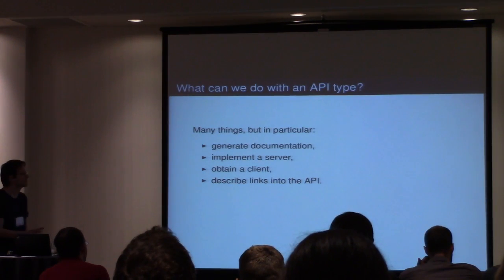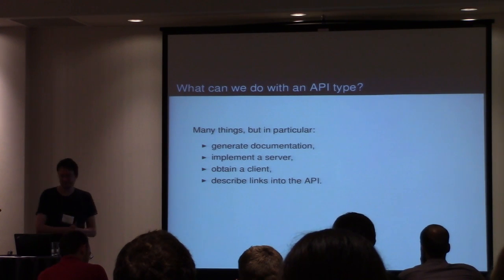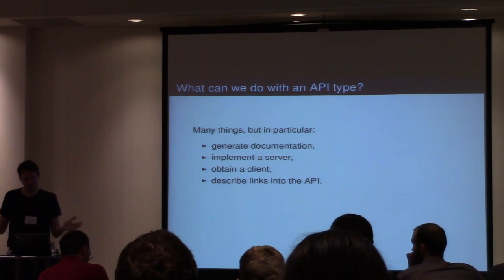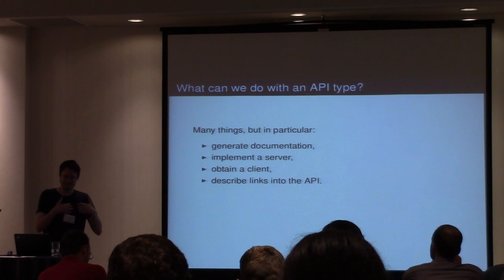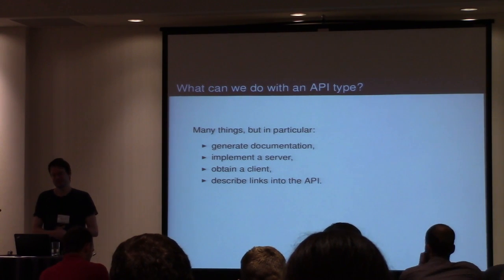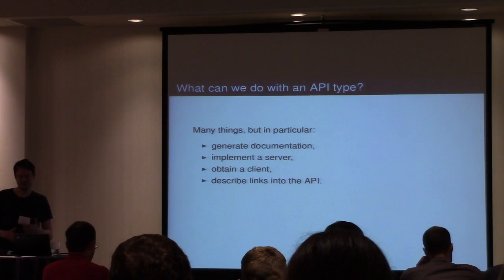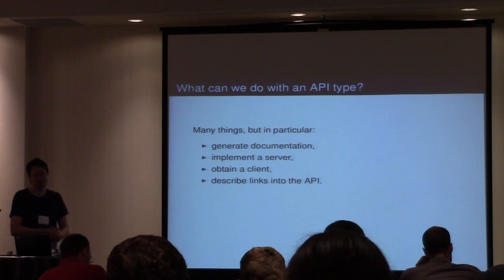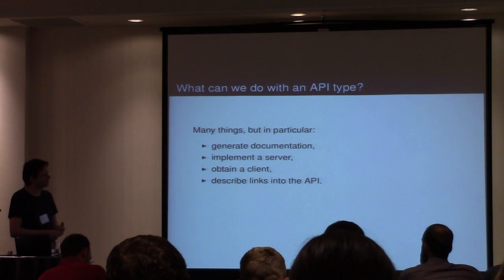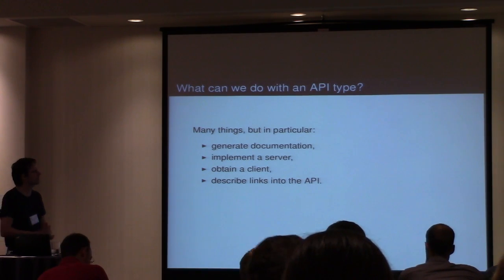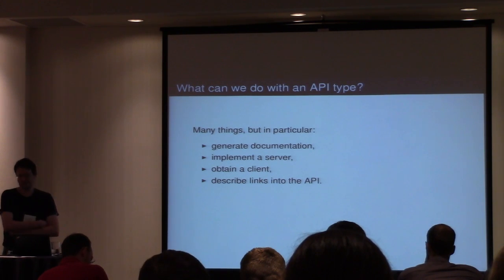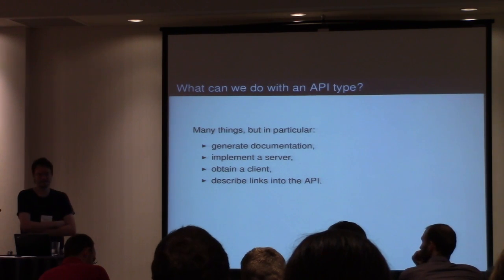What can you do once you have such an API type? In fact, Servant's answer to that is that it doesn't tell you exactly what you can do with it, but it offers you quite a few things, and you can define more things if you like. Things that you can do out of the box with Servant: you can generate documentation for a given API specification.